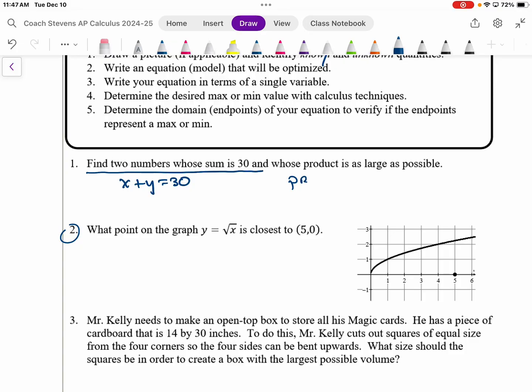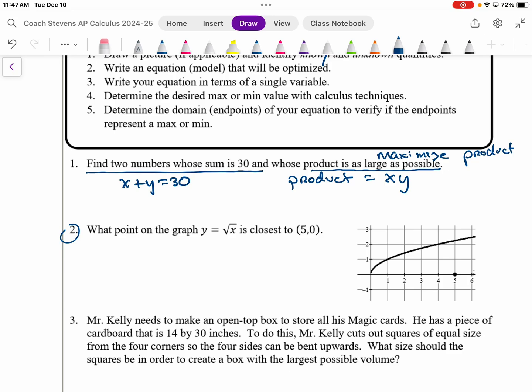So the product would be equal to x times y. And this tells us, product as large as possible, that means we're trying to maximize the product. Which tells us that as we go forward, we want to take the derivative of the product equation. That's what we want to take the derivative of.